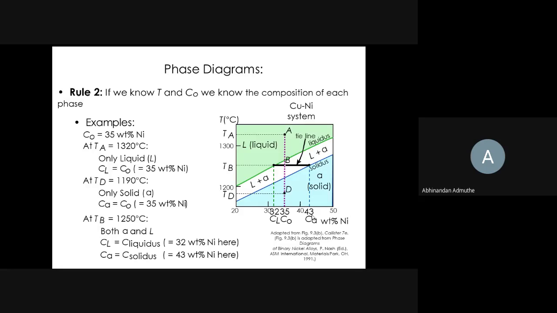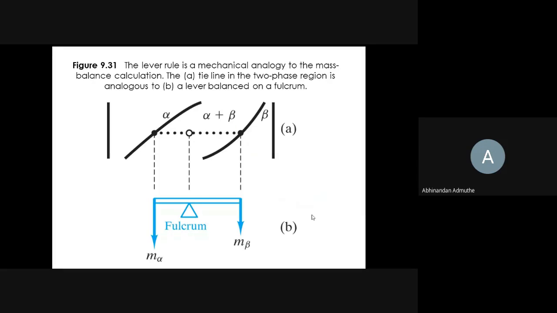Remember that by using the tie line we have determined the compositions of the liquid phase and the solid phase. But we still don't know the percentage of liquid phase and the percentage of solid phase present there. In order to find out the amount of phases present, we need to use the lever rule.